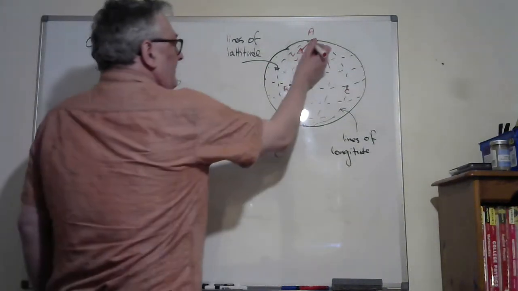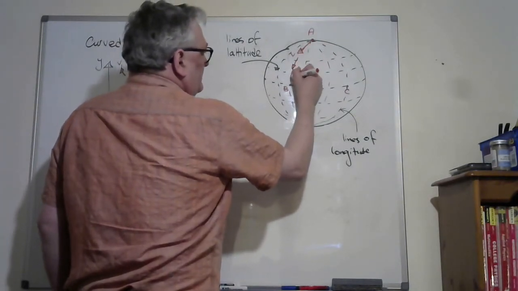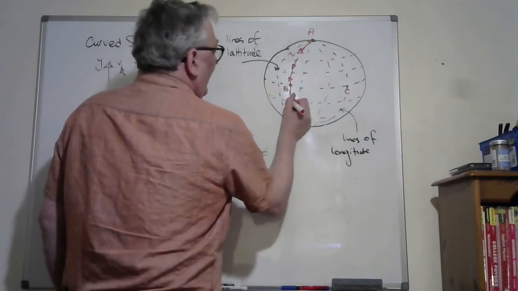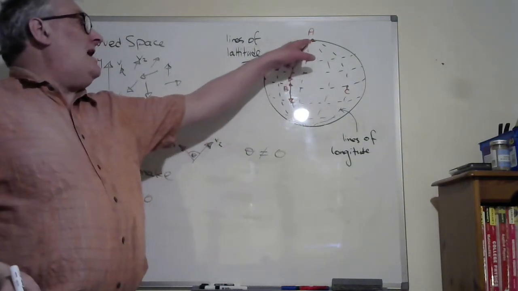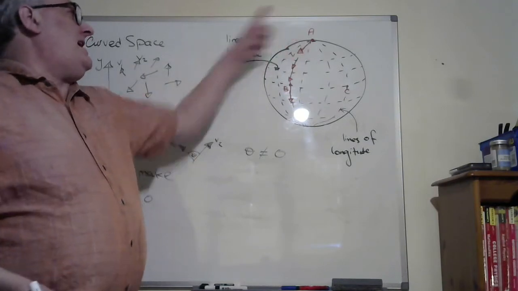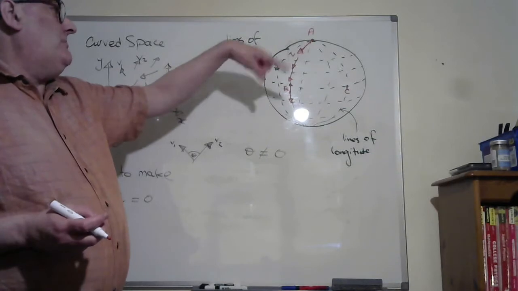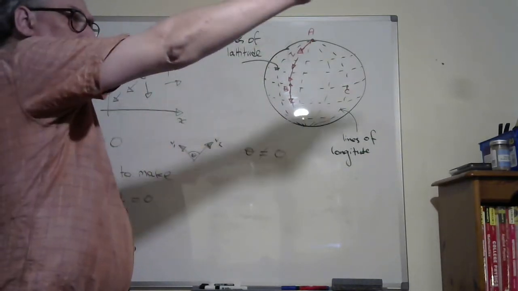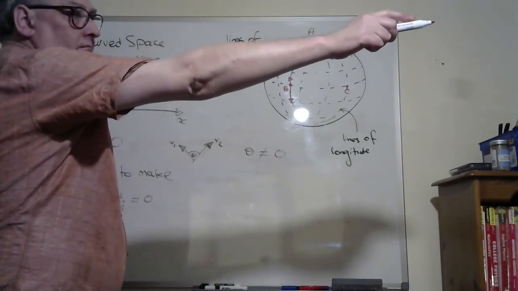Now, as you travel from A to B, your velocity vector is going to change like that. So the velocity vector you started out with up there is pointing out, say, horizontally. The configuration of this diagram isn't brilliant, but let's suppose you're pointing out with your arm horizontally.